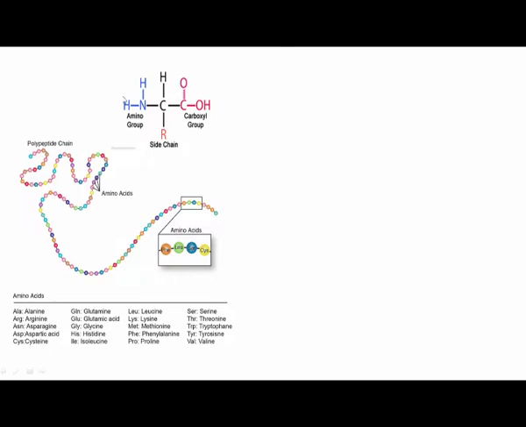While this backbone, that is the amino group, C alpha and a carboxylate group with this hydrogen atom, will remain constant like a backbone, this R group, which is called the side chain, will keep changing, and depending on what this R group is, different names of amino acids are given.